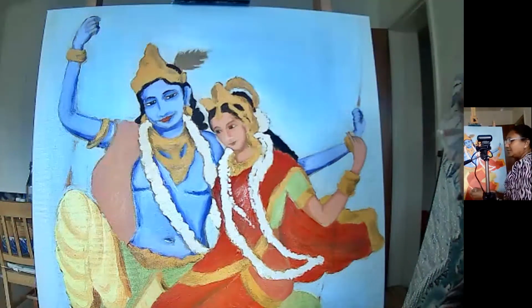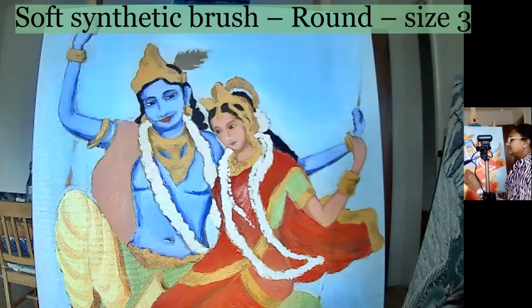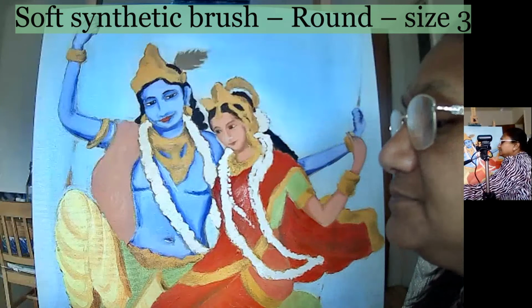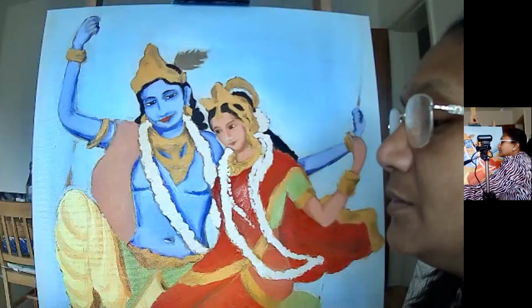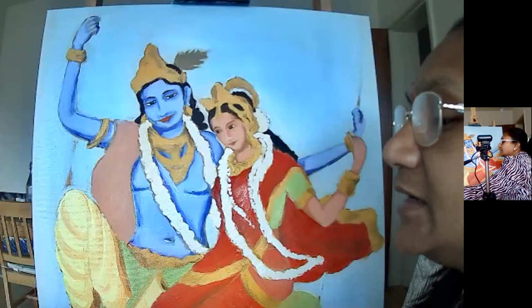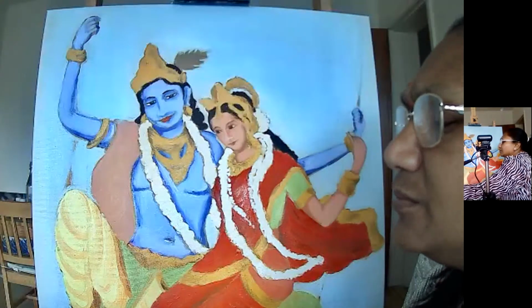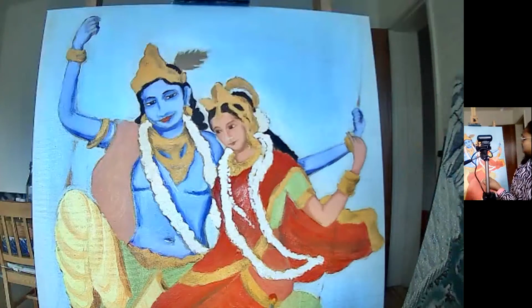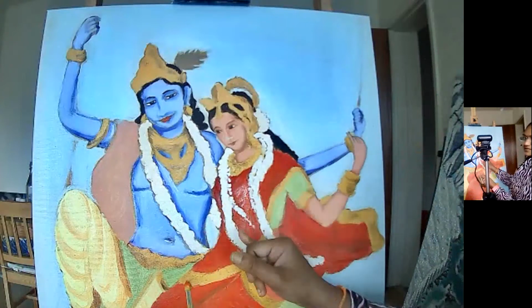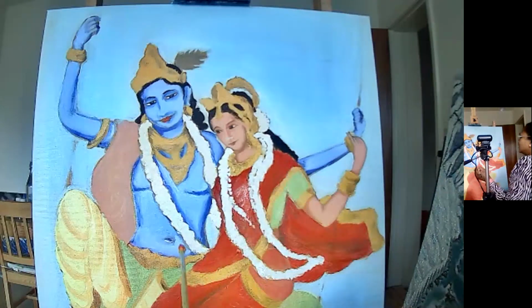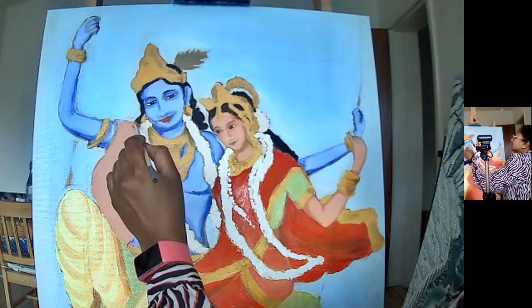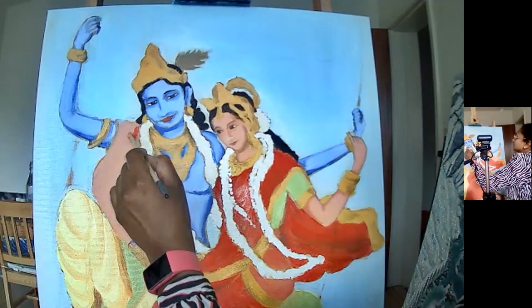I'm using brush number 3 and I'm going to take vermilion, mix it ever so lightly with that primary yellow so it's not so bright. I just want it to be one tonality down to what we have here with Radha's clothing, so that's exactly why. And I'm going to just paint.